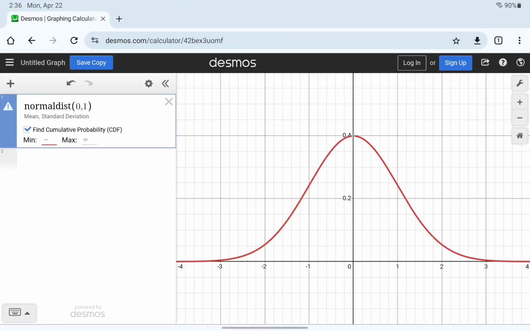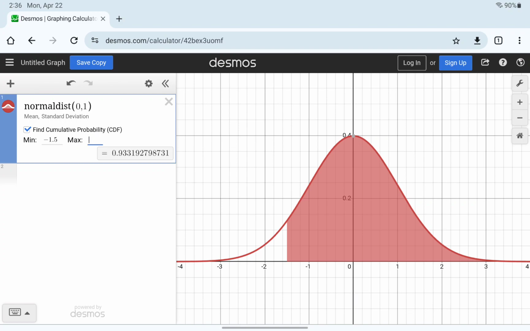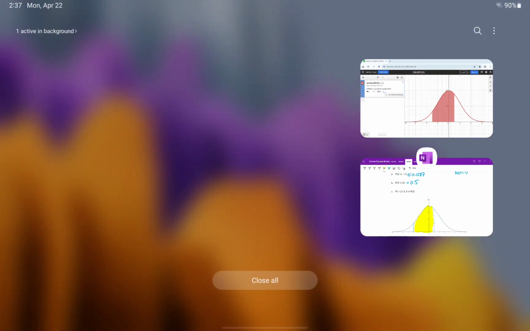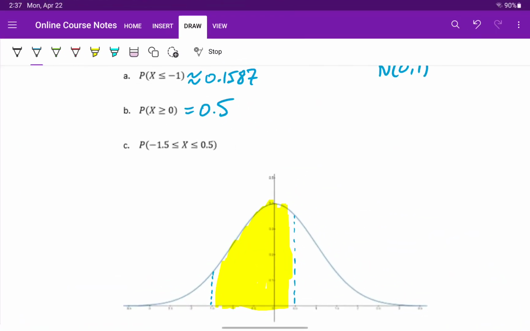Meaning now we'll put in both a minimum and a maximum value for a probability of 0.624. Or if we round that to 4 decimal places, about 0.6247.